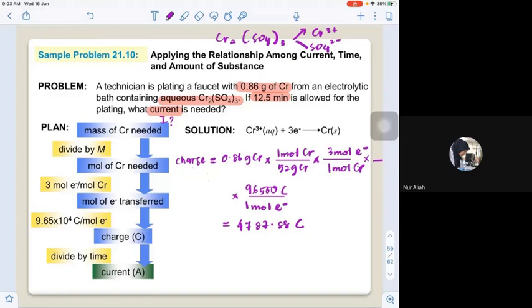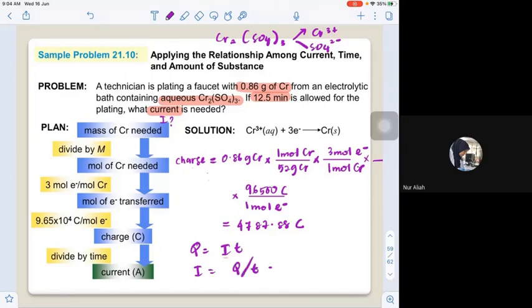Now we want to calculate the current that is needed. We know that Q is equal to It. We want I to be the subject, so I is equal to Q over t.